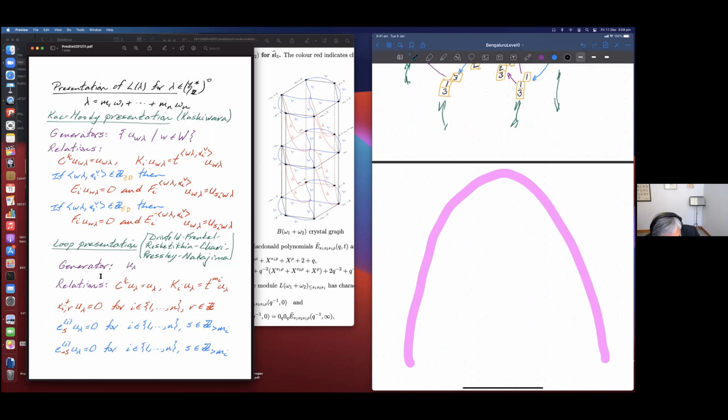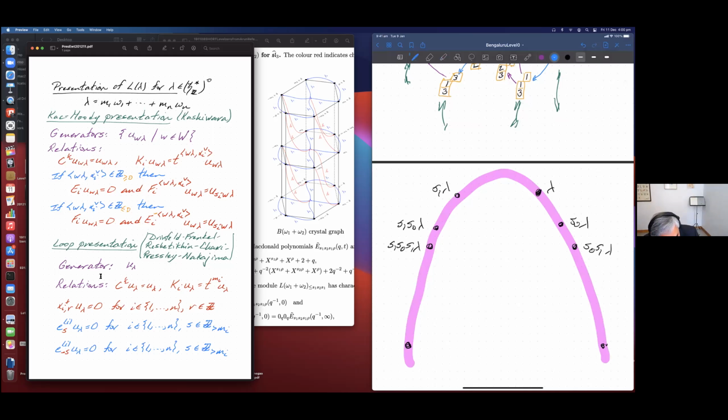You might have an extremal weight here, lambda, and then this is S1 lambda, S0 S1 lambda, S1 S0 S1 lambda. I forgot S0 lambda. I could have included an S0 lambda and then S1 S0 lambda.